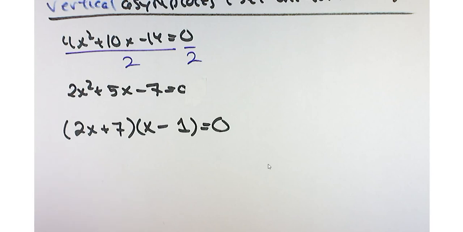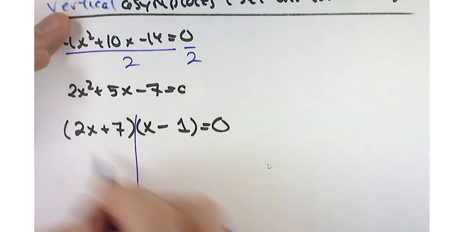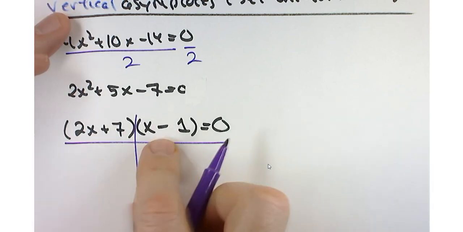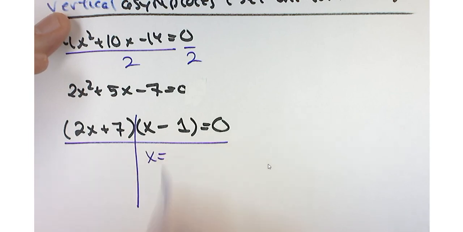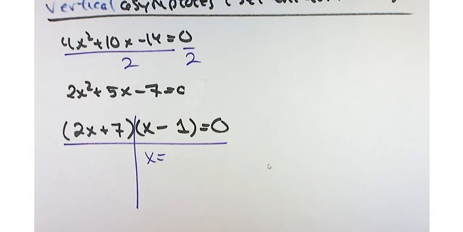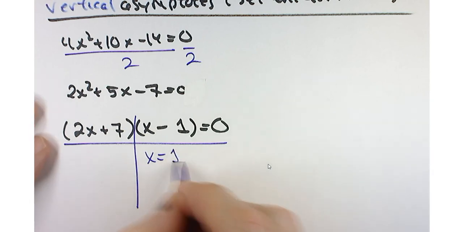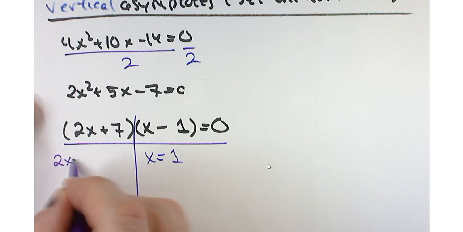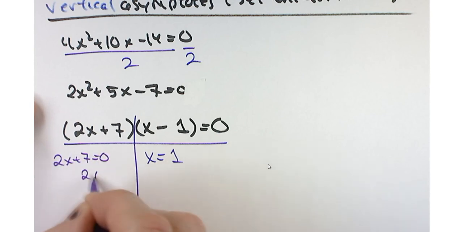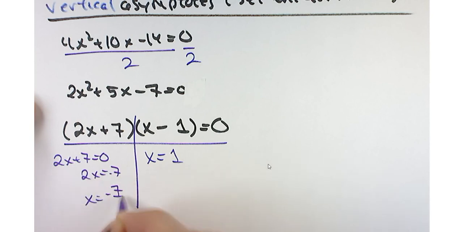So, we got 2 possible solutions. What are those solutions? Where could this equal 0? Oh, with a 1. Yeah, 1. And where else? So negative 7/2 and 1, those are our 2 places where the denominator could be 0.